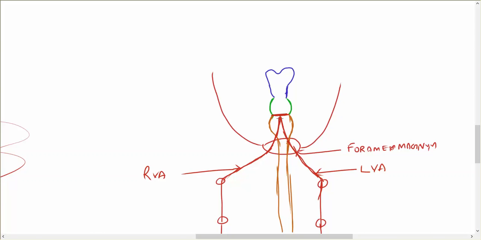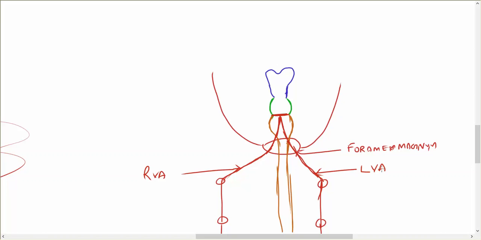From there, the main branches arise and pierce the pia and go to the brain substance. Understand? All the vessels we are going to talk about are in the subarachnoid space. So if these blood vessels rupture, the bleeding occurs in the subarachnoid space. Please don't forget that.